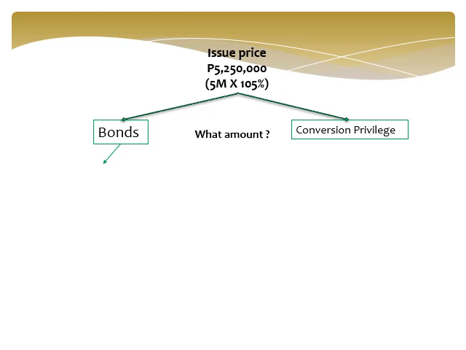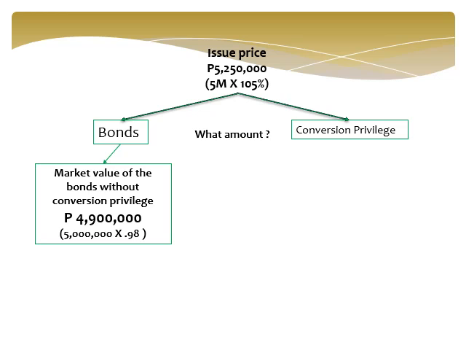At what amount of the bonds? The market value of the bonds without the conversion privilege given in the illustration is 98. So, 5 million pesos times 0.98, we have a total market value of the bonds without conversion privilege of 4.9 million.